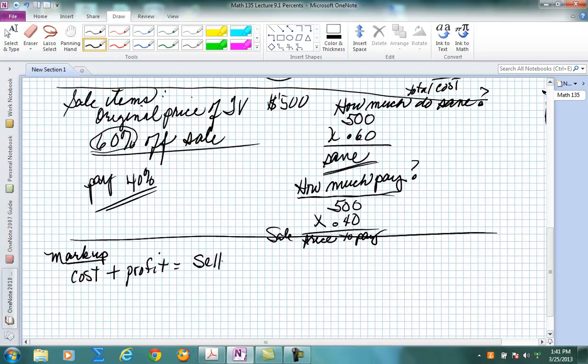So let's say that you are a merchant and you have these boots that you have to pay $200 for. That's your cost. And you want to make a 50% markup. So this is what you're going to make. This will be your profit.